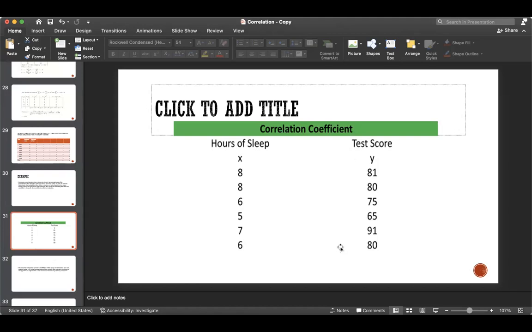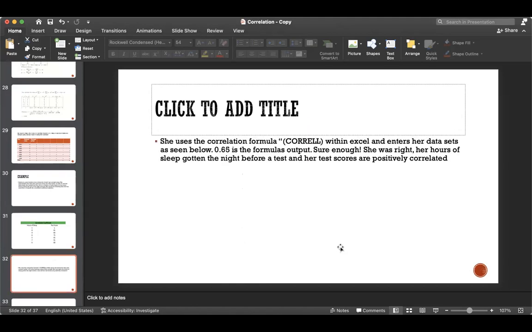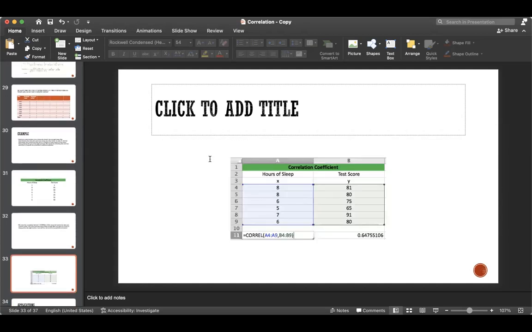So she wanted to see if there is any relationship between the number of hours she's sleeping and the test scores that she's scoring, right? So she just used CORREL and found out this relationship. She could see there's a positive value. So she could relate that there's a positive correlation and moderate too, right? So that is how she used Excel to calculate this.